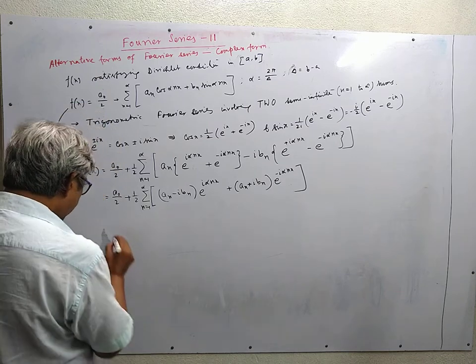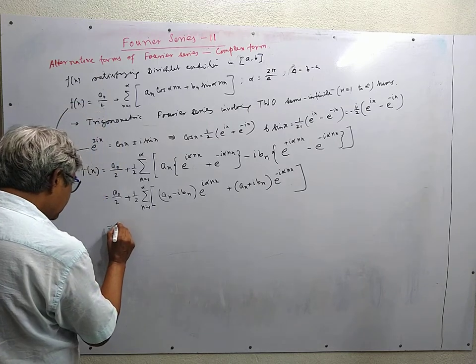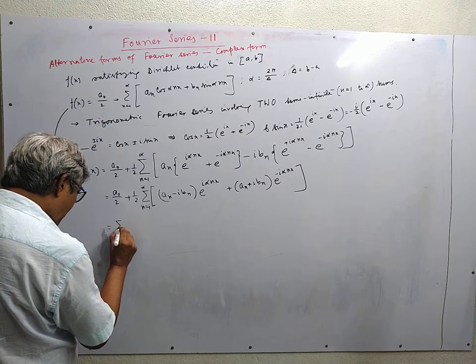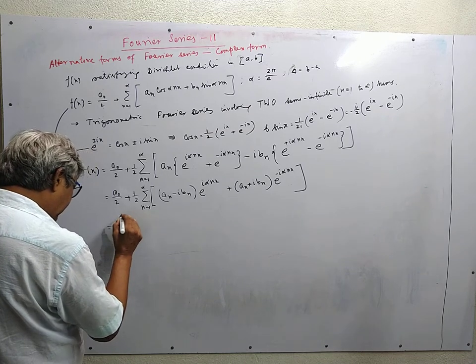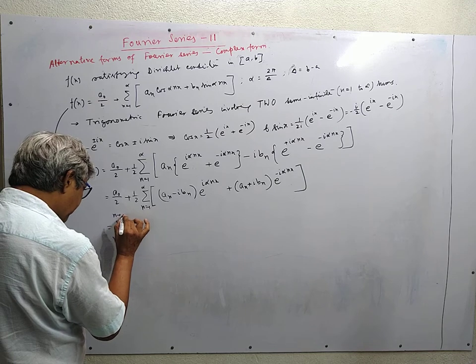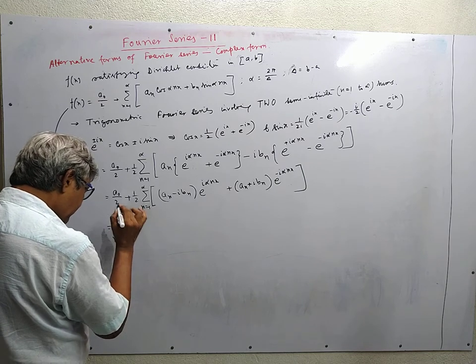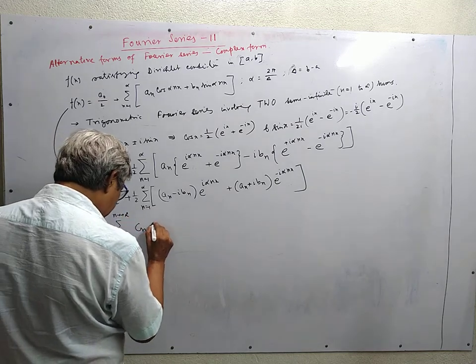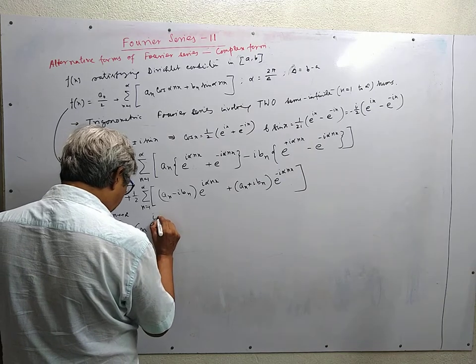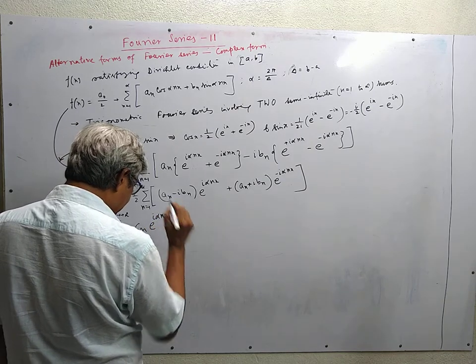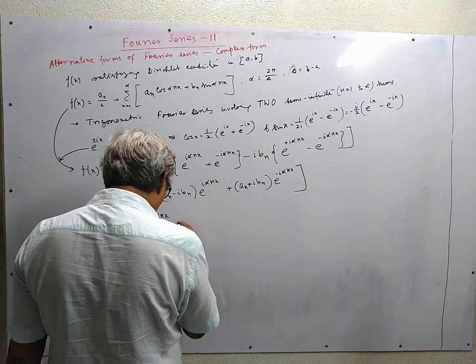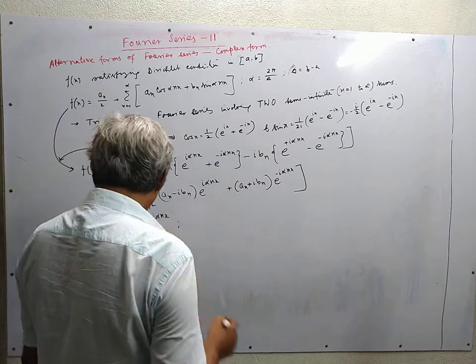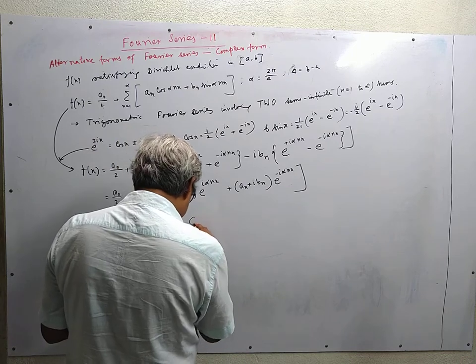So we write it as summation over n from minus infinity to plus infinity of Cn e to the power i alpha n x, where the coefficient c is defined in this fashion.